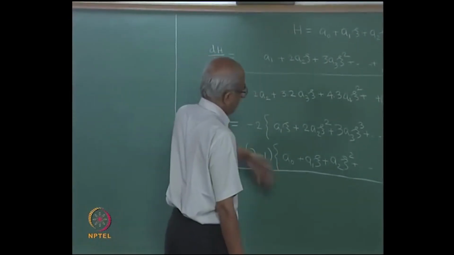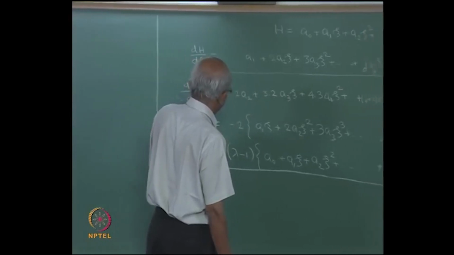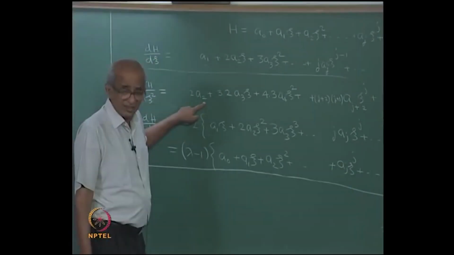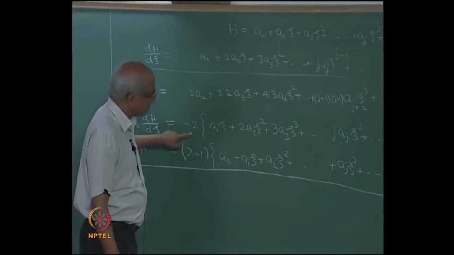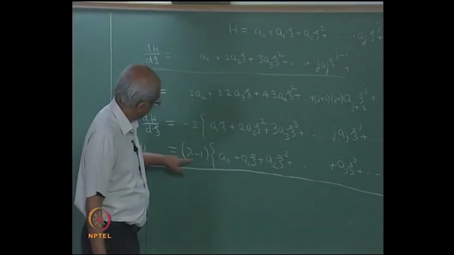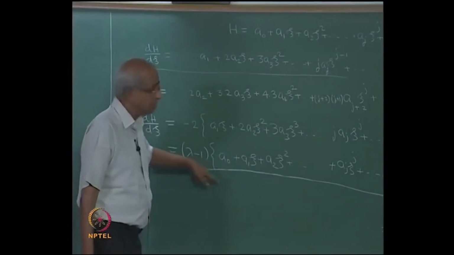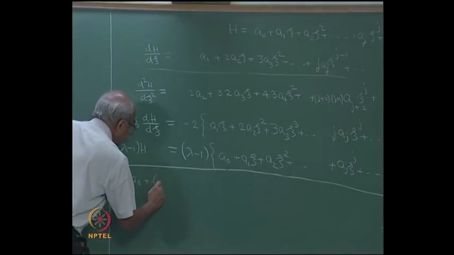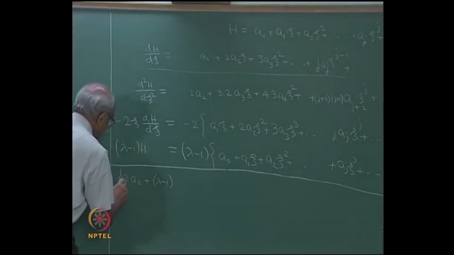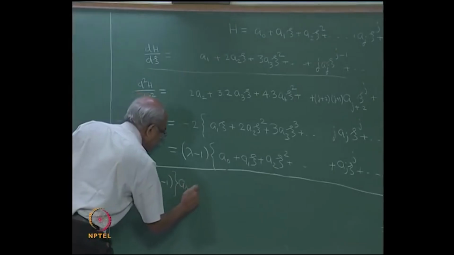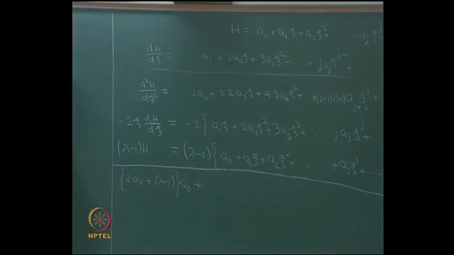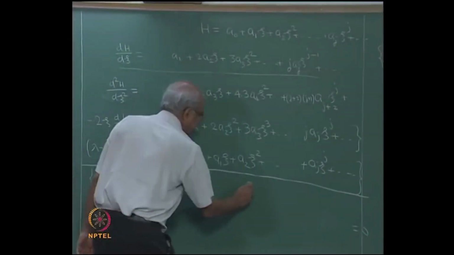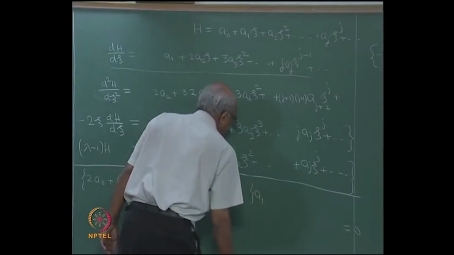So, for example, when I am adding, I will be a little bit careful. Here I have 2a2, this term is independent of c. Here there is no term that is independent of c, but there you have a term that is independent of c. So, you just add it up, you are going to get 2a0 plus lambda minus 1 into a0 as the first term, correct.